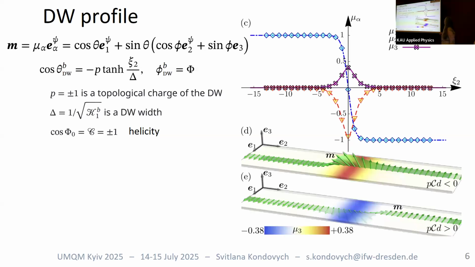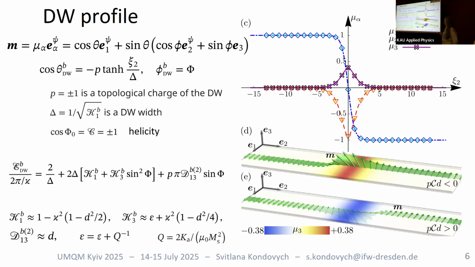So here you see the analytics and also micromagnetic modeling of the profile of the domain wall in such a system, which is obtained by minimization of the energy of such a domain wall. You see here the dependence on three effective parameters, effective anisotropies and effective mesoscale DMI constant, which all depend on the curvature of the system, on the strength of DMI, and on the anisotropy.